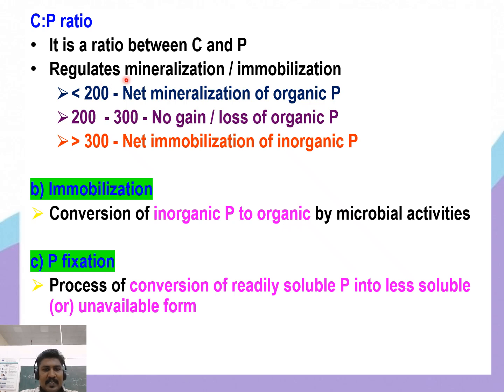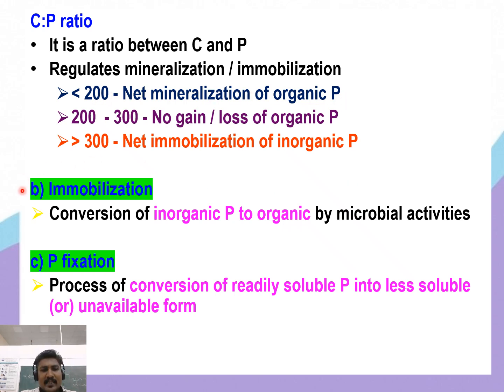If the C:P ratio is less than 200:1, net mineralization of organic phosphorus will happen. Between 200 and 300, no gain or no loss of organic phosphorus, nothing will happen. More than 300, net immobilization of inorganic phosphorus will happen. So always the C:P ratio should be less than 200 so that net mineralization will happen.